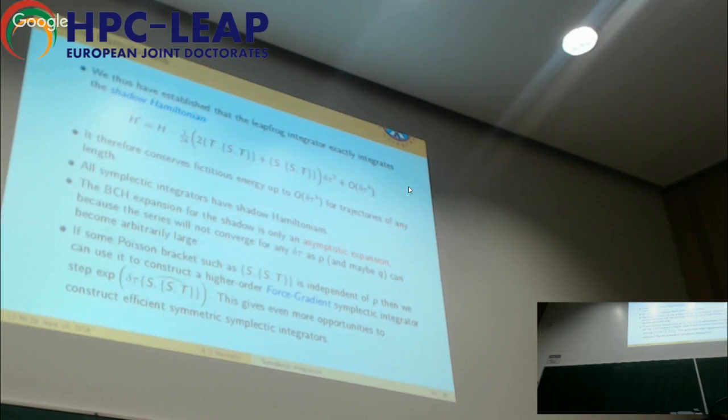So all symplectic integrators have a shadow Hamiltonian, and with enough algebra we can compute what it is. As I say, this is the best possible fact. It is an asymptotic expansion, and it doesn't converge for any delta t as p and maybe q can get arbitrarily large. In most applications that's extremely unlikely, and also doesn't matter, but that depends on what you're using it for.